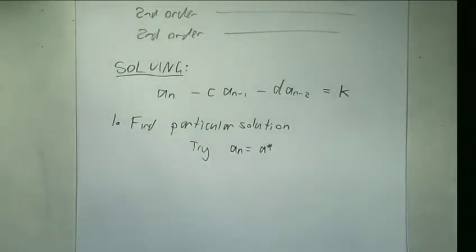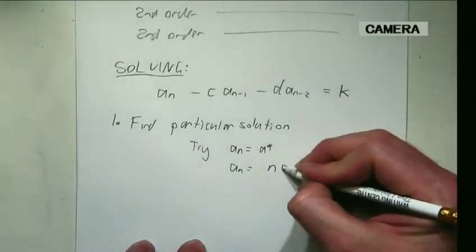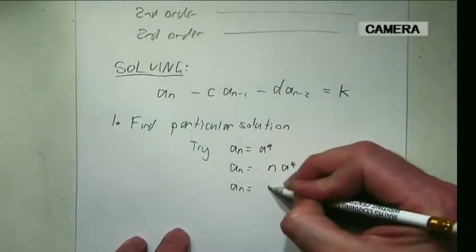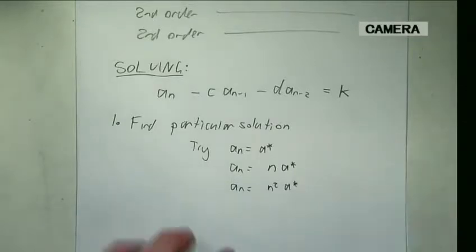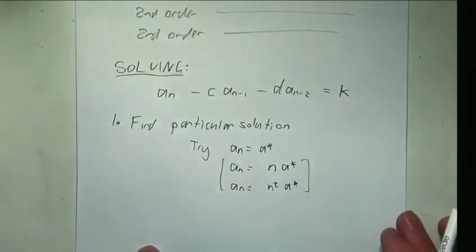And if that doesn't work, we will try a_n equals n times A star. And if that doesn't work, we'll try a_n equals n squared times A star. And I'll try and show you what I mean by doesn't work. So these are later things to try if the first one doesn't work.